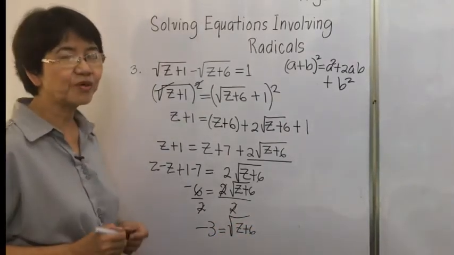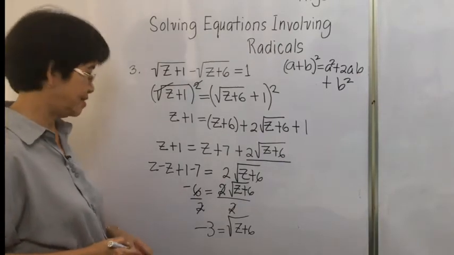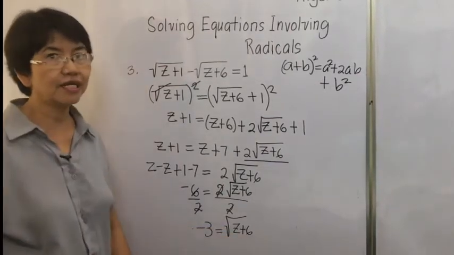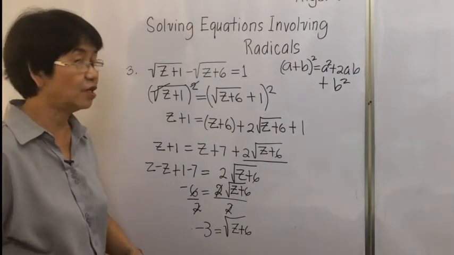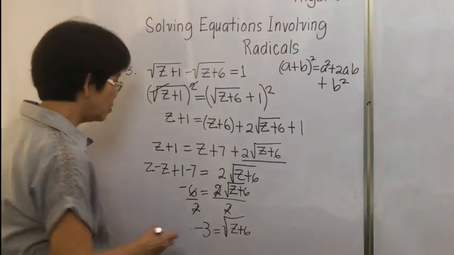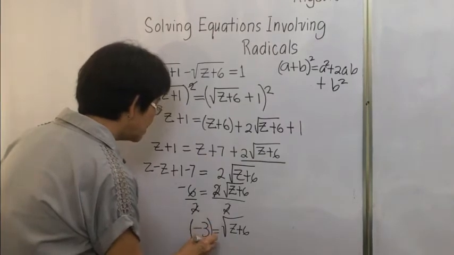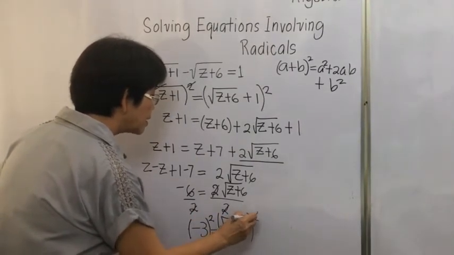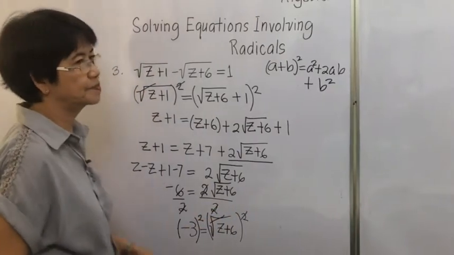And once again, we will square both sides because this radical expression is already isolated on one side of the equation. So we square this, and then cancel this.